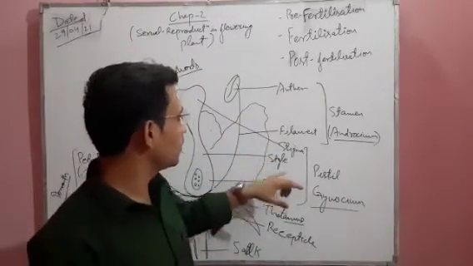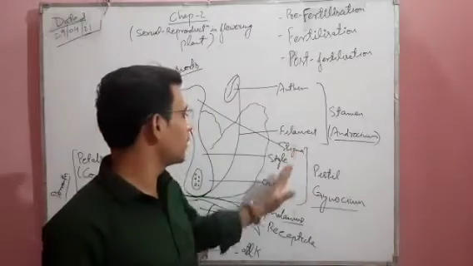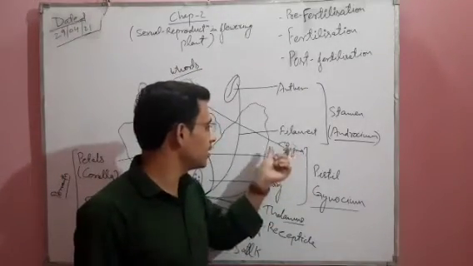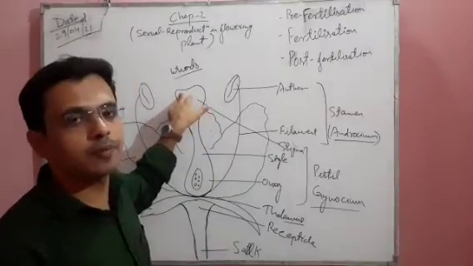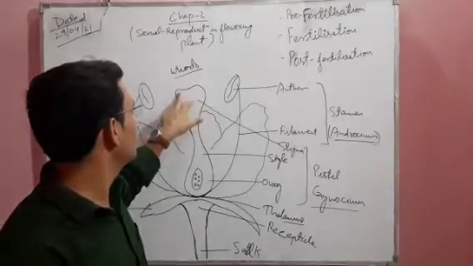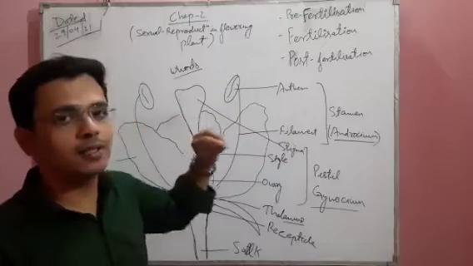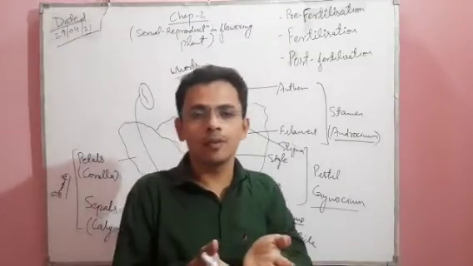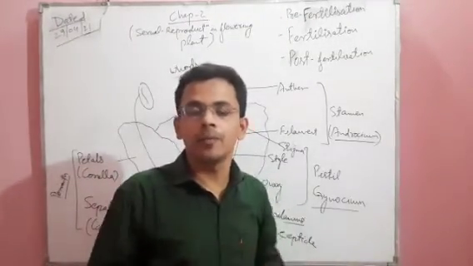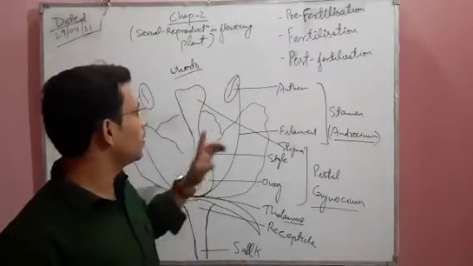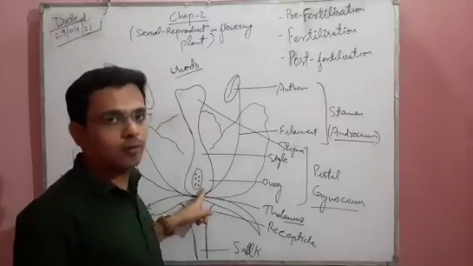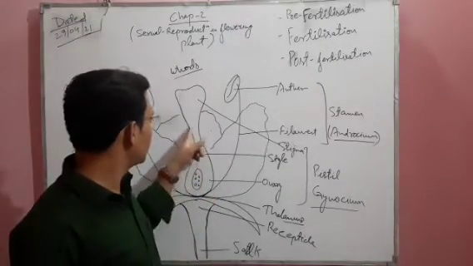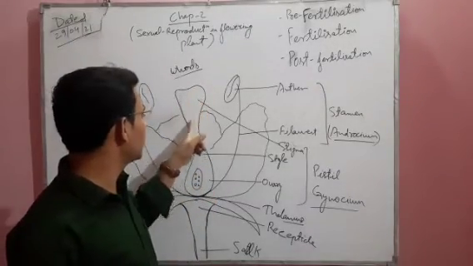What is the role of the pistil and its different parts? As we know, the stigma acts as a receptor site for the pollen grain. Ultimately pollen grain should reach the ovule, but there are different ways through which it can travel.